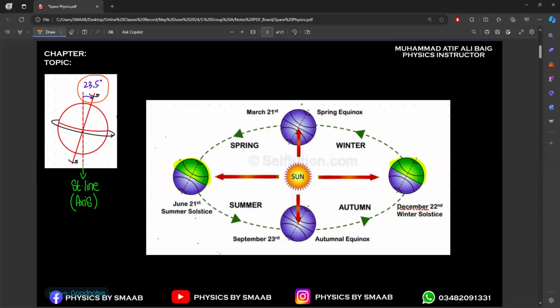So this is one more piece of information about the Earth: the axis of Earth is tilted 23.5 degrees if we measure from vertical.